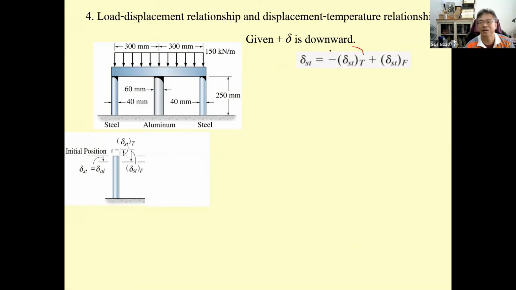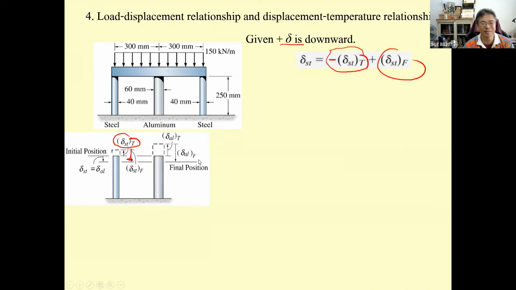One is the change due to temperature, which is going to make this one go up. They said downward is positive, so this one going up is going to be negative. And then it is suppressed by the force. That is for the steel column on the left and on the right.